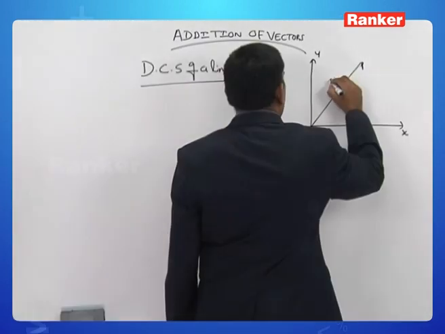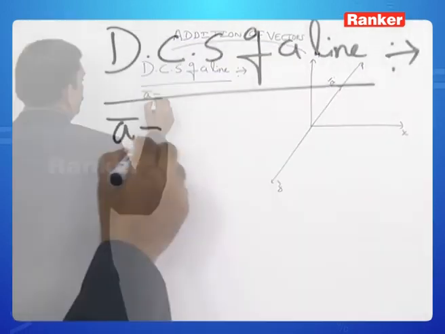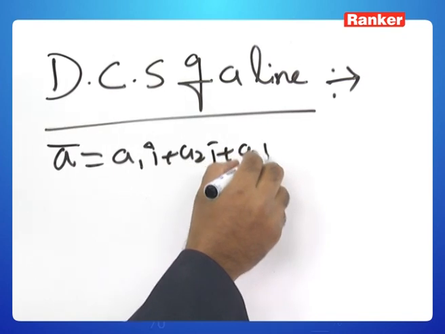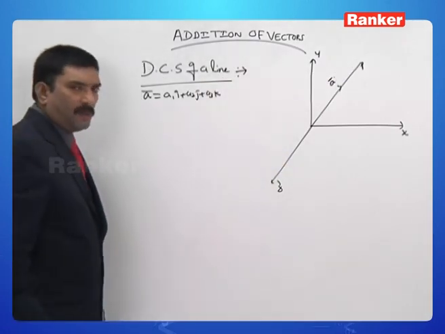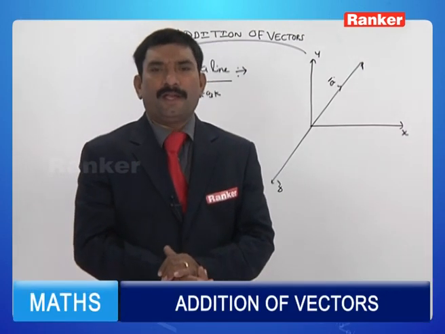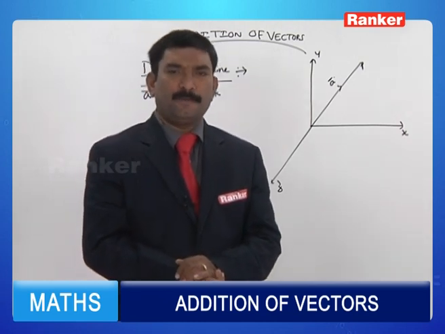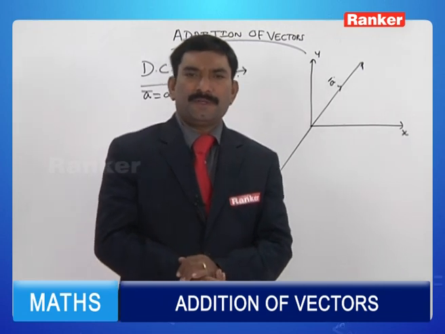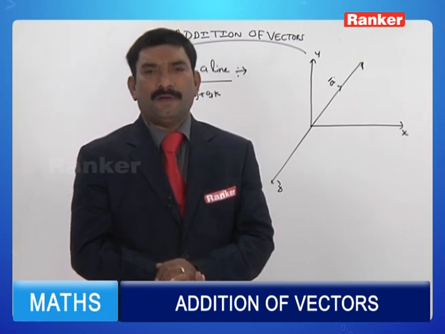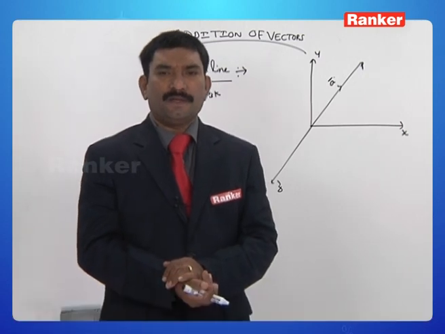This A bar is equal to A1i plus A2j plus A3k. OP bar, that is A bar, is a ray or a line. That line is treated with a vector notation. That line OP bar is given by A bar, which in turn is A1i plus A2j plus A3k.